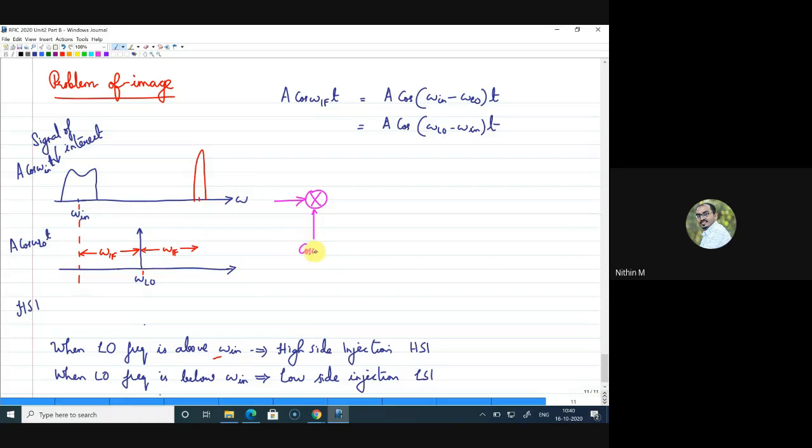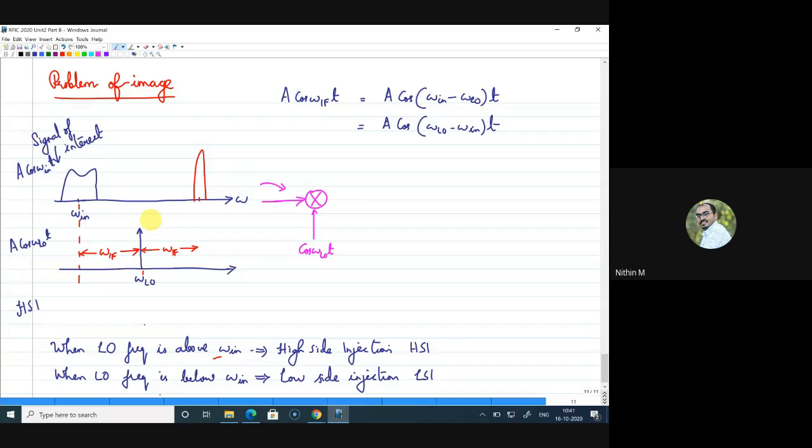So this is your cos omega LO t, and this is the input coming in, the signal of interest. But there is a component, you can consider that as an interferer or some other undecided signal, equidistant from omega LO towards the right side. So omega in is omega IF towards the left side, but this undecided signal is omega IF towards the right side.